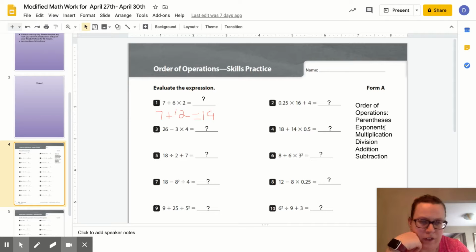If there is not, move on to the multiplication. Is there multiplication? If there is not, then you move on to division. And then if there's not any division, then you move on to addition. And then if there is not any addition, then you move on to subtraction. Now, for most of these problems, they have at least 2 operations in them.